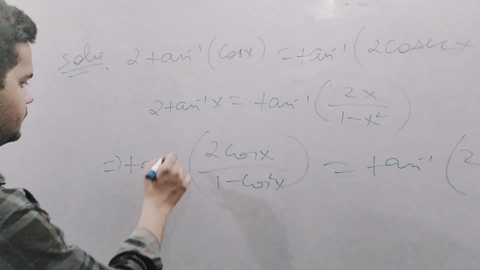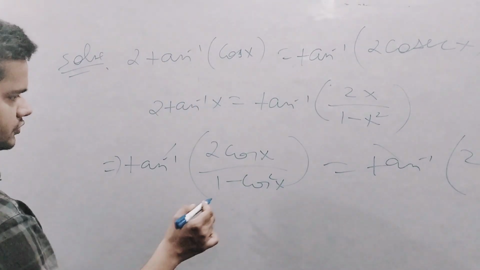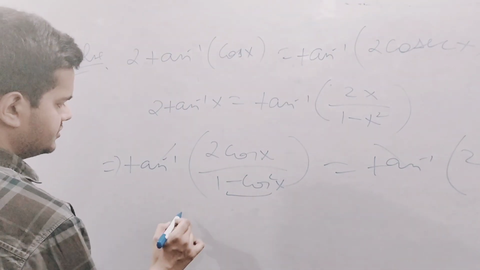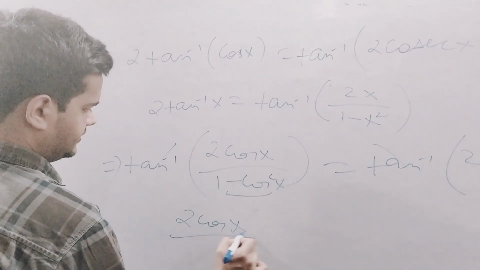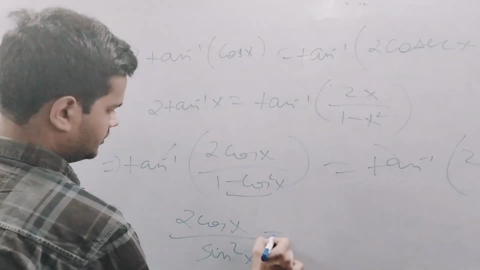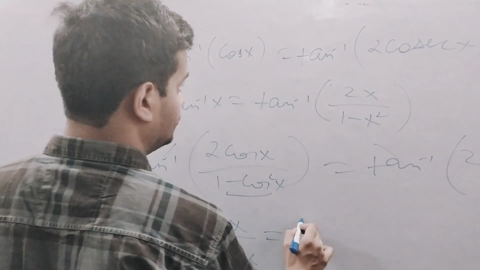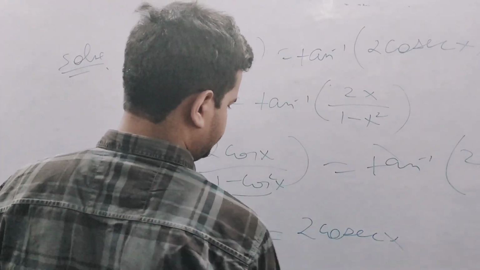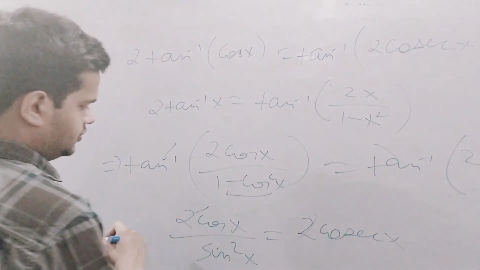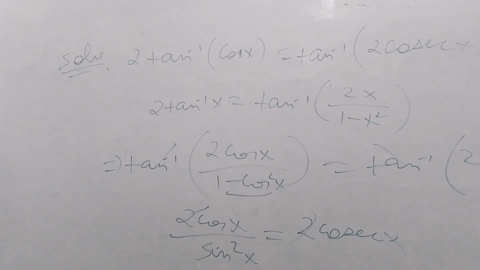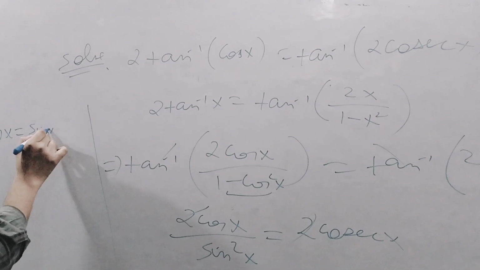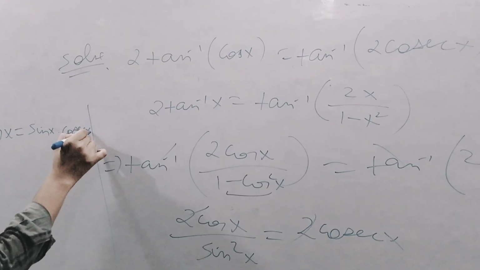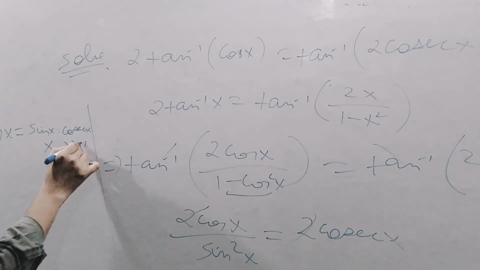Okay, it's just cancelled out. So this is sin square x, so I get 2 cos x upon sin square x is equals to 2 cosec x. The 2 is cancelled out. Okay, so here we get cos x is equals to sin x into cosec x into sin x.